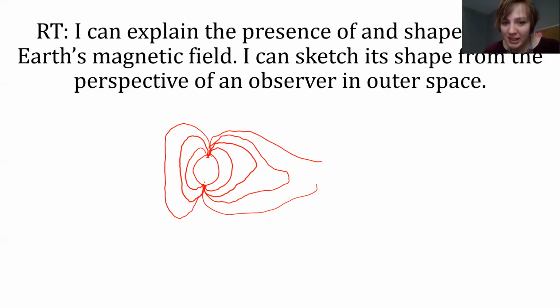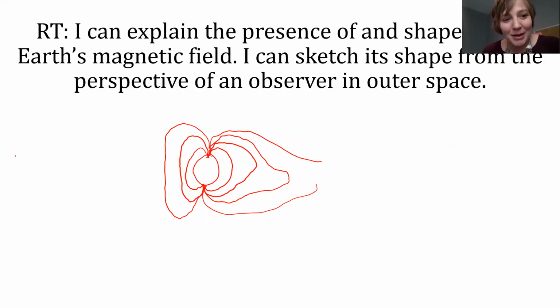And what you should see is that they're sort of all bunched up over on the left side, and on the right side they're sort of elongated. Take a second and see if you can remember why that is. So this would be the solar wind.